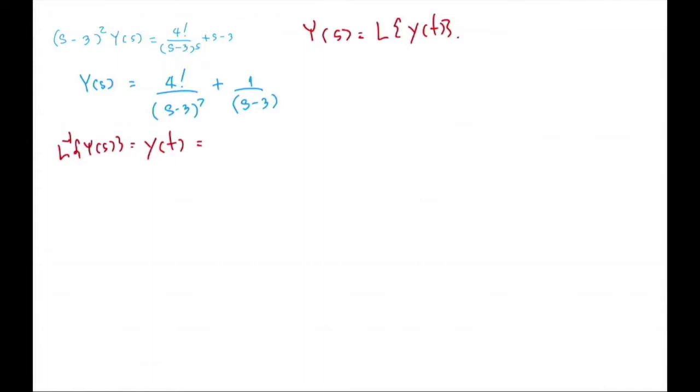And that is the inverse Laplace transform of 4 factorial divided by (s minus 3) to the 7 plus the inverse Laplace transform of 1 over s minus 3. And that is what we need to find the inverse Laplace transform for.